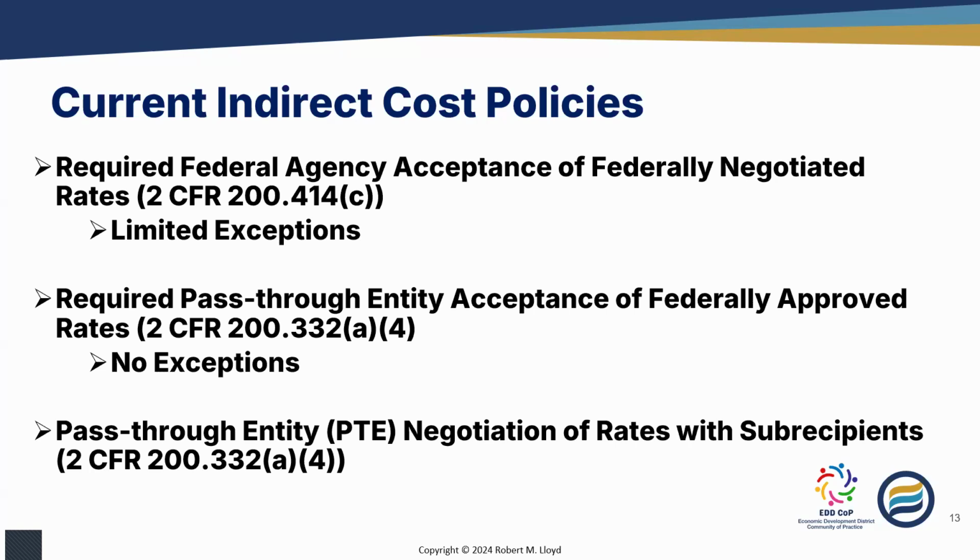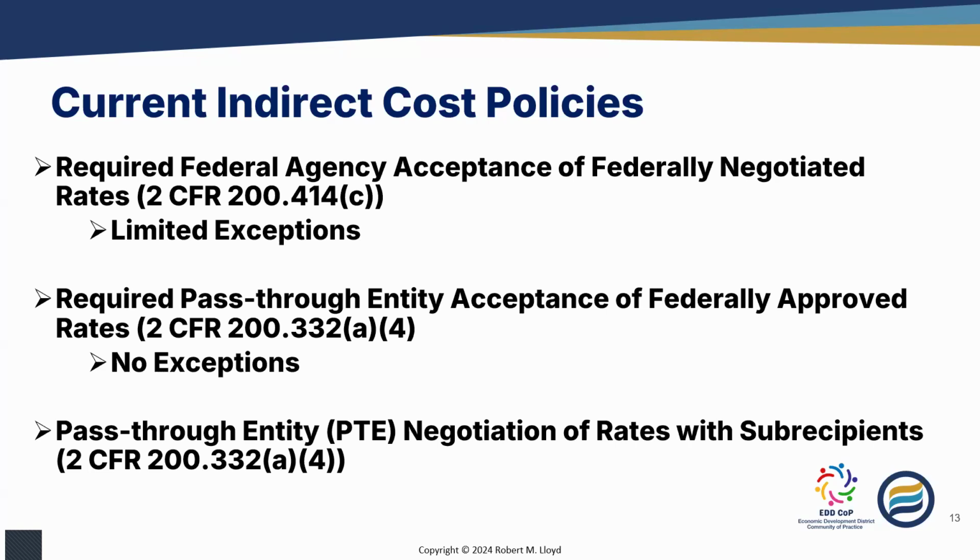I hasten to add here as well that federal agencies or pass-through entities cannot force an organization to adopt the de minimis rate. That's a practice that OMB heard loud and clear about in the comment period that led up to the current revision of the uniform guidance.